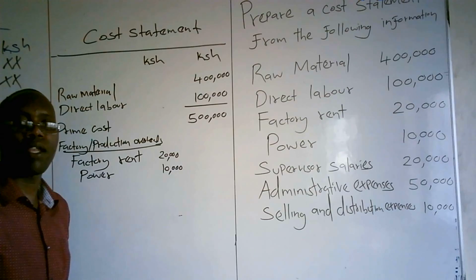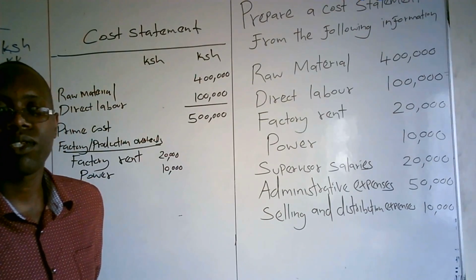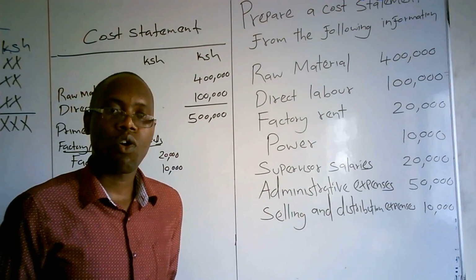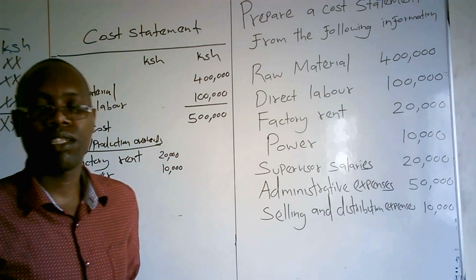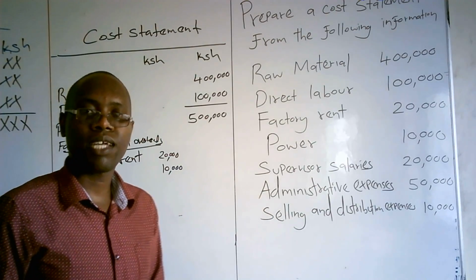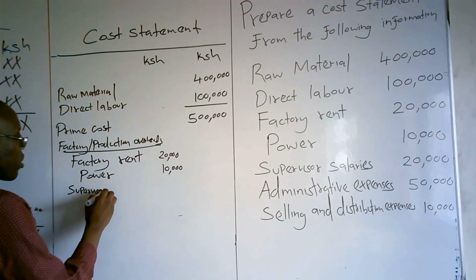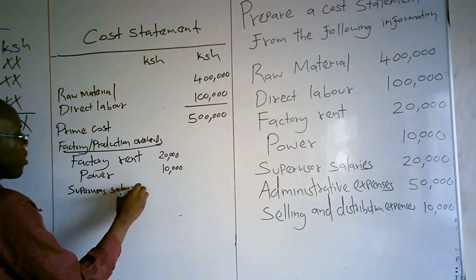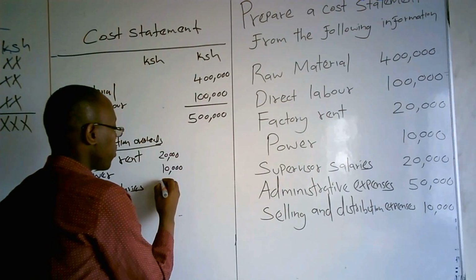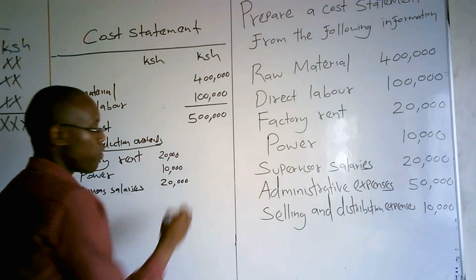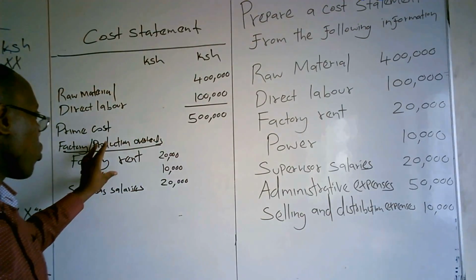And then supervisor salaries are also part and parcel of the factory overheads, because most of the supervisors are in the factory supervising the work to be done. The supervisor salaries you can see is 20,000, so we write it at 20,000, and that's the end of the factory stroke production overheads.